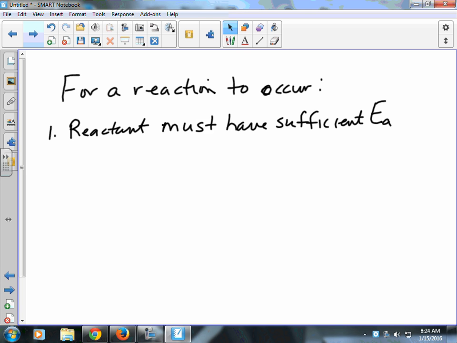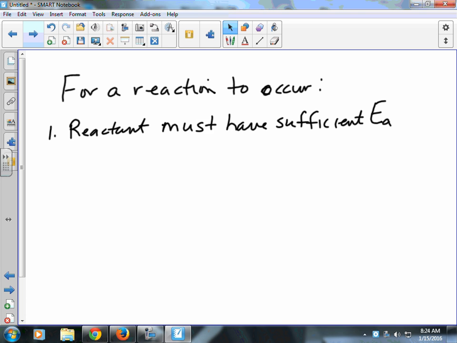It's a distribution of velocities. So bottom line, your reactants do not have the same velocities. So you have a range of activation energies that they could possibly achieve. Because remember, with activation energy, particles collide and transfer energy to each other.